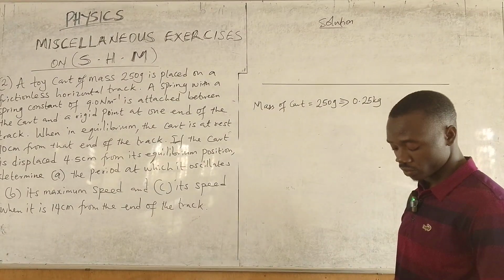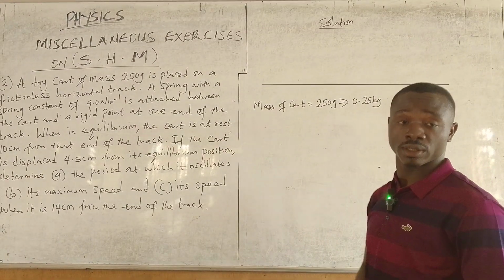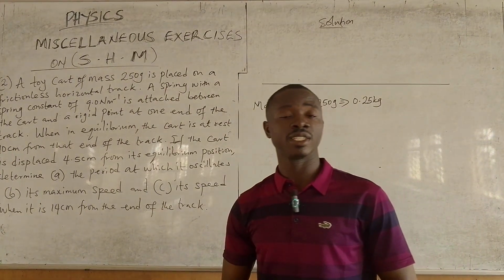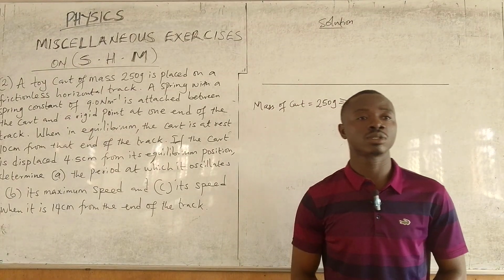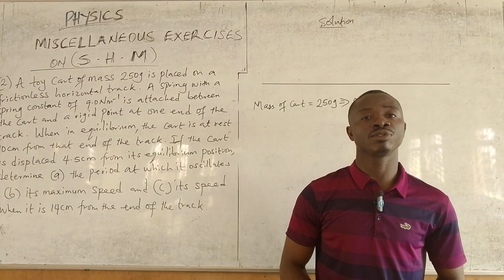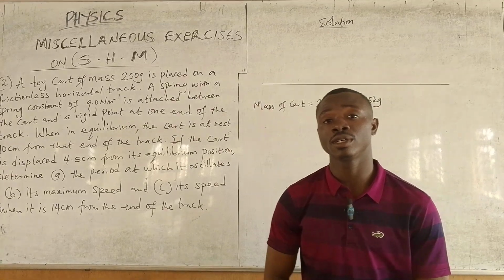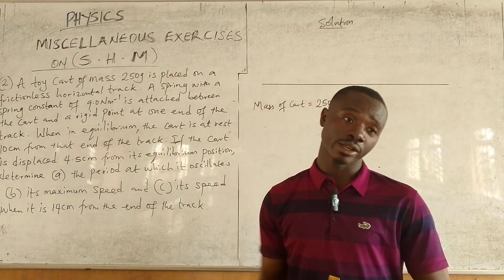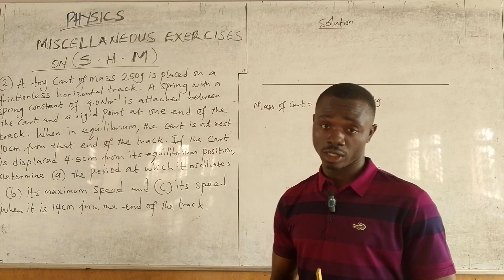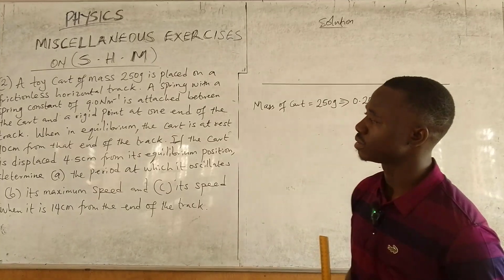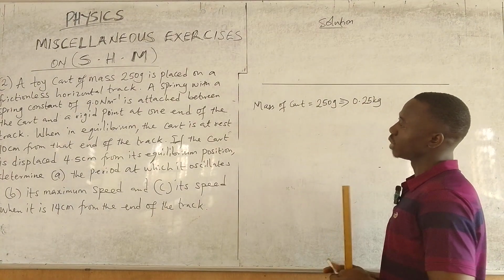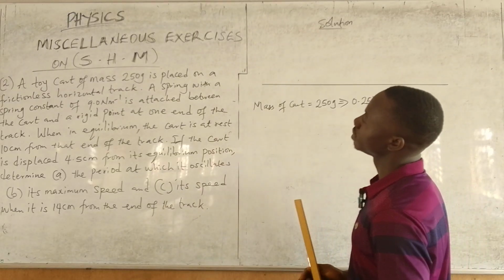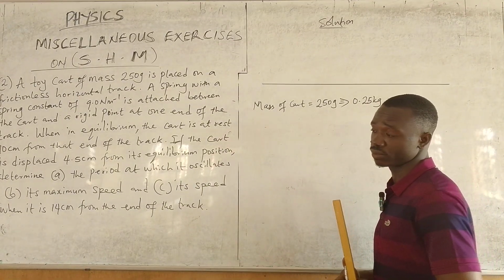Now, if you can remember the saying that you don't put the cart before the horse, you put the horse before the cart so that the horse is the one that will drag the cart. You can relate with that, right? So we have a toy cart here that has to be dragged by something.